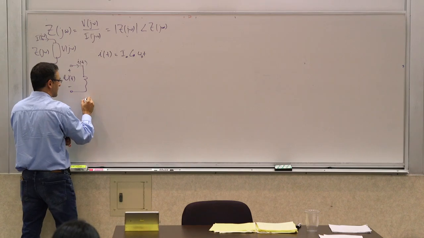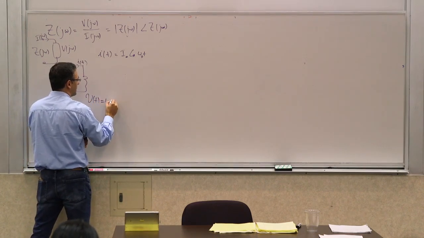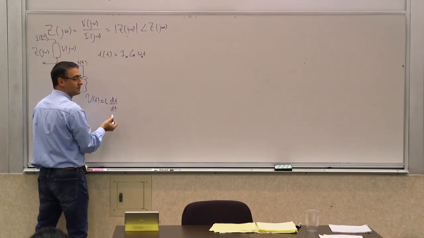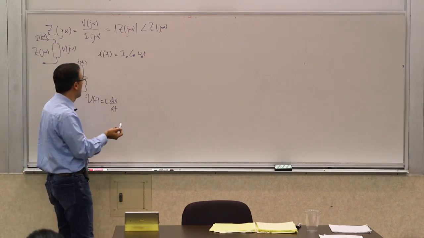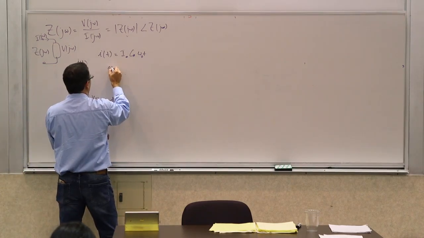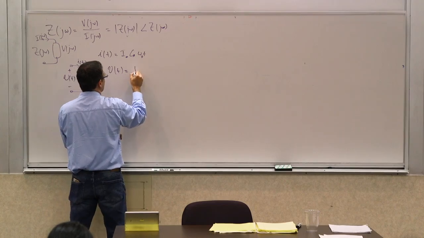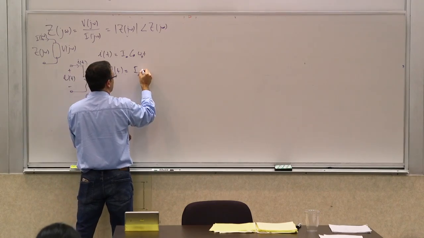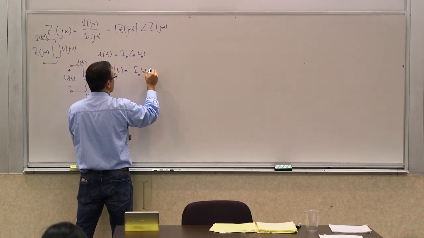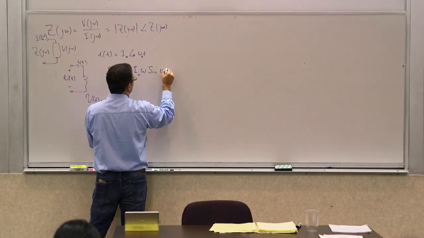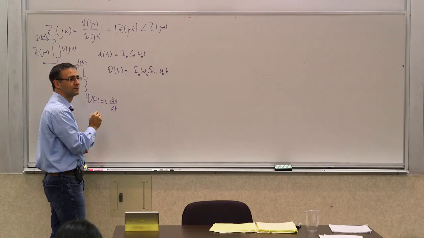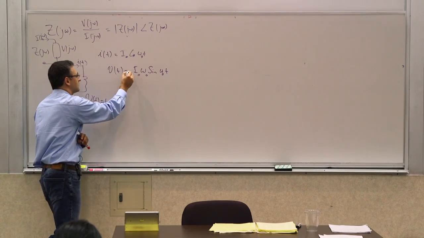We already have derived this: v of t is L di/dt for a linear inductor. So I can calculate v of t as I0 times the derivative of this, which is omega, sine of omega 0 t, negative.